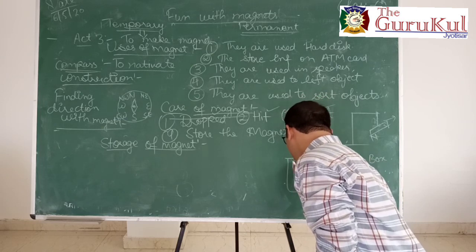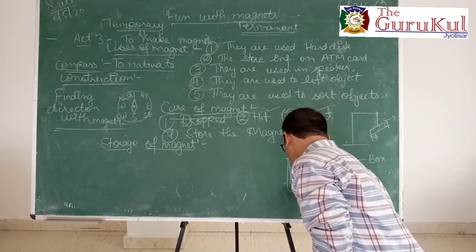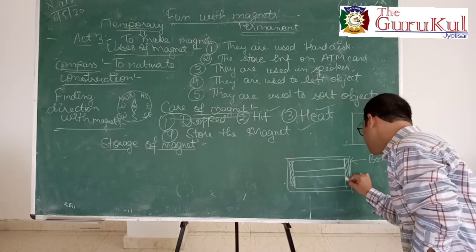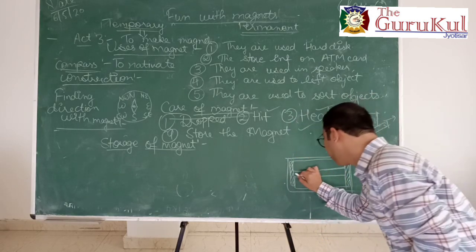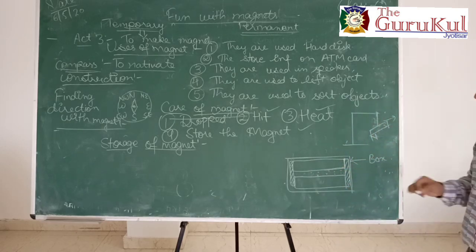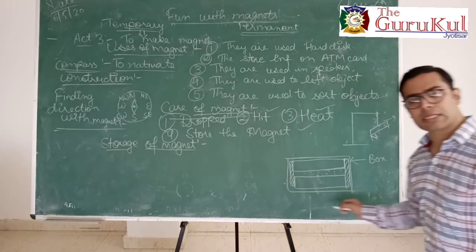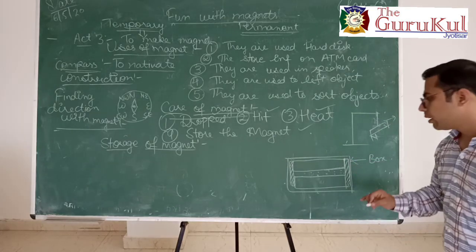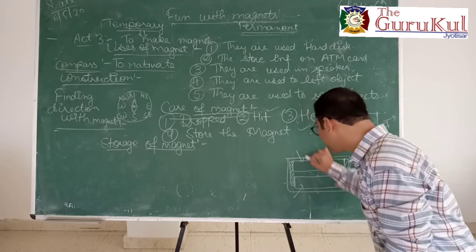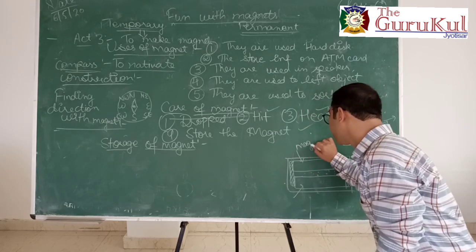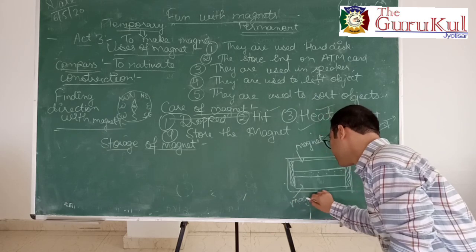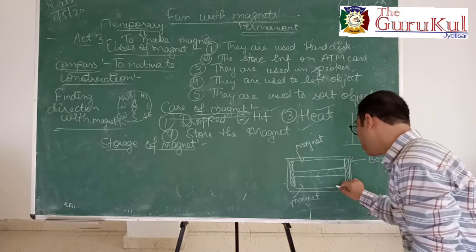Students, I will tell you each and everything in detail. No need to worry, I will write it over here also. If there is any confusion, you can ask me again also. I will love to answer your queries and questions. Okay, so this is the outer box which I am presenting. Now here two magnets are there, this and this.